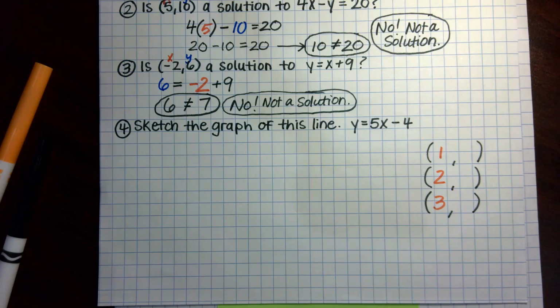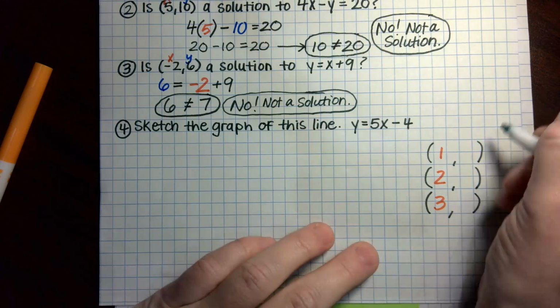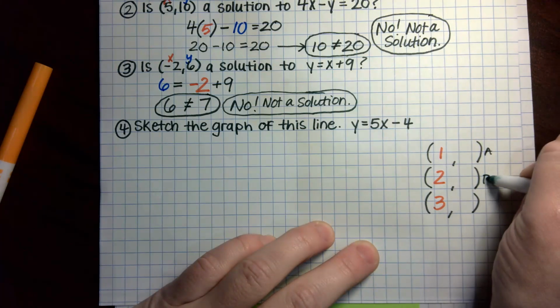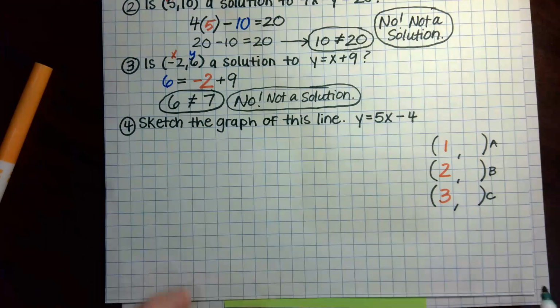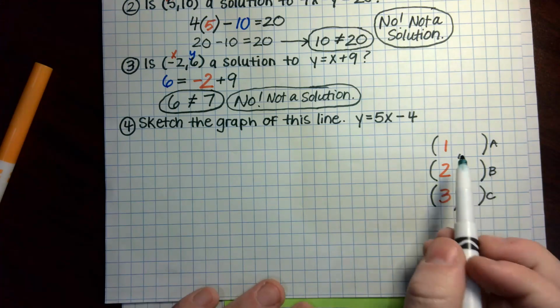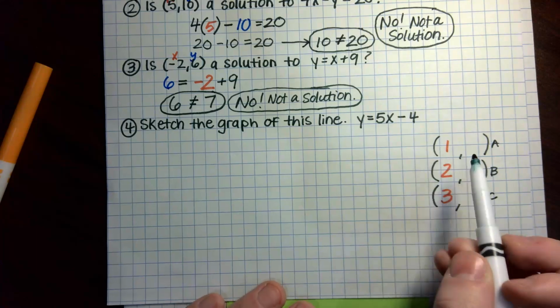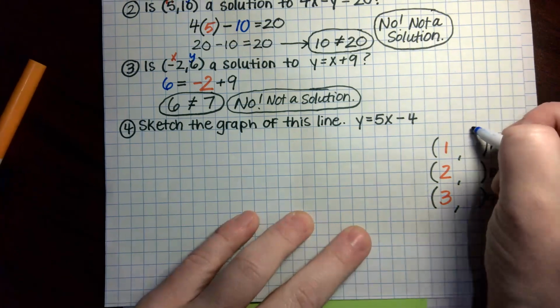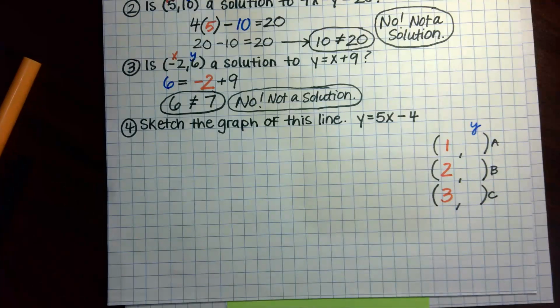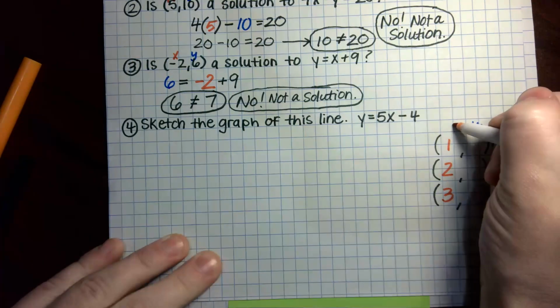So to keep our work organized, I'm going to label these A, B, and C. And then I'm going to start with my work to find point A. We have the x for point A. We just need the y. So if it helps you stay organized, maybe just label everything.